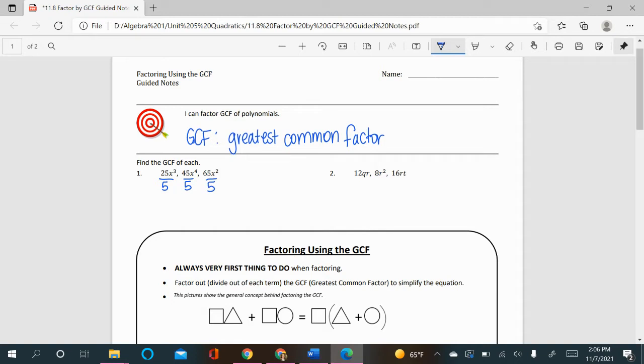Now, when you look at your letters, so when you have a greatest common factor with letters, your greatest common factor will include the variable with the lowest exponent. So I'm going to write that down.